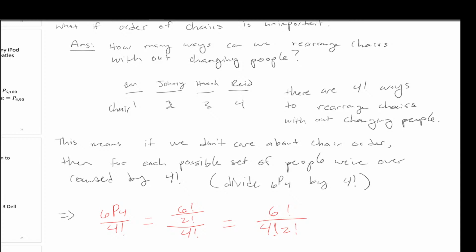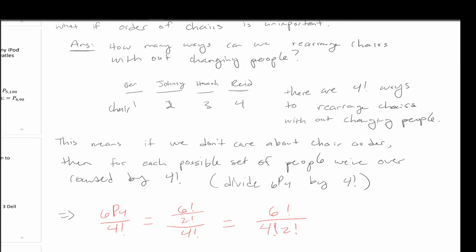Kill the order. Why must we use multiplication instead of addition? So because let's see, any of the 4 people, Ben, Johnny, Hannah, Reed, let's say Ben, he has 4 options for any of the chairs.